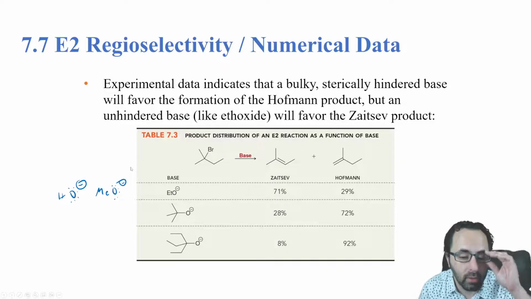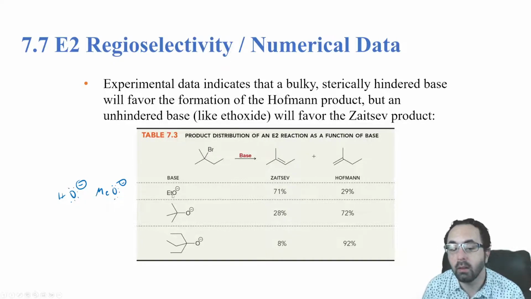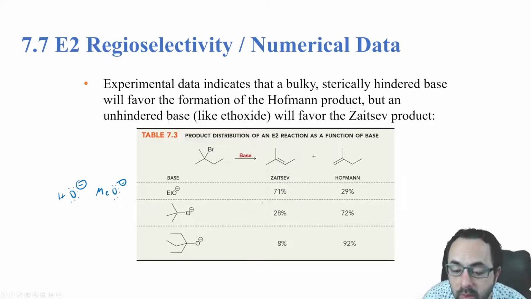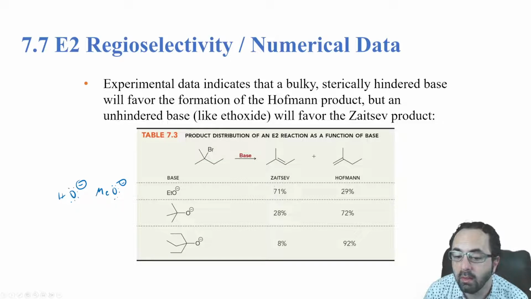And so one thing that we see is that when we have a non-sterically hindered base like the last one we saw, we get a preference for the Zaitsev product versus the Hofmann. However, if we have a sterically hindered base, we end up with the Hofmann product rather than the Zaitsev.